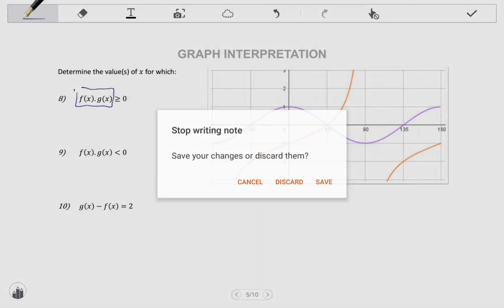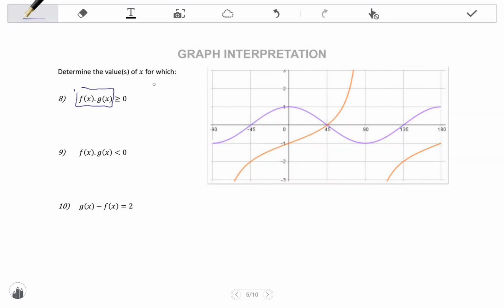So we must get a positive product, okay? So when do we get a positive product? It's either when we have a negative times a negative, or when we have a positive times a positive. Okay, so when do we have a negative times a negative? That is when both the graphs lie below the x-axis.